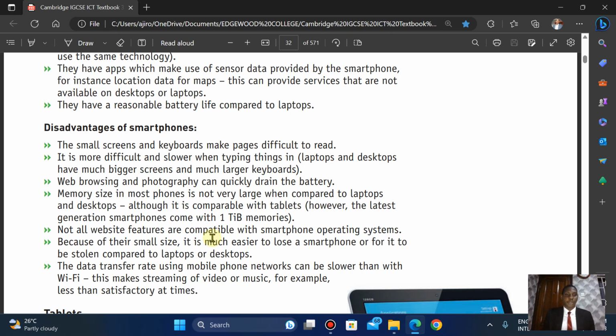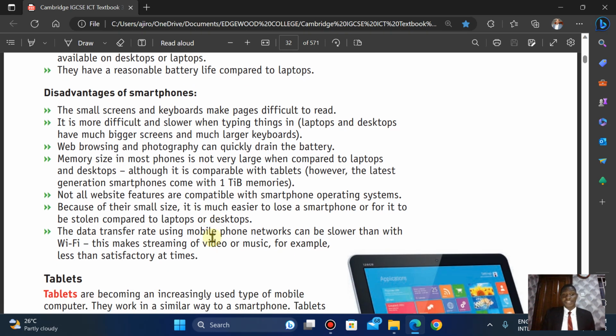Not all website features are compatible with smartphone operating systems. So there's a need to use a desktop, literally, or a laptop to have access to some certain features. Okay, because of their small size, a smartphone can be stolen more easily compared to laptops.